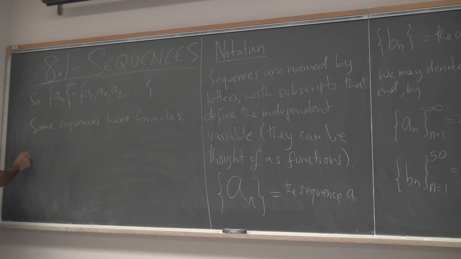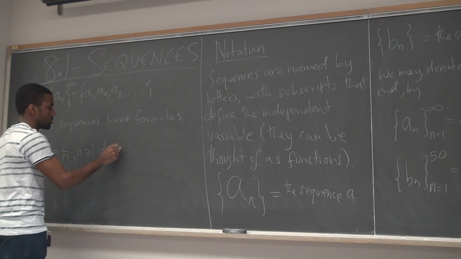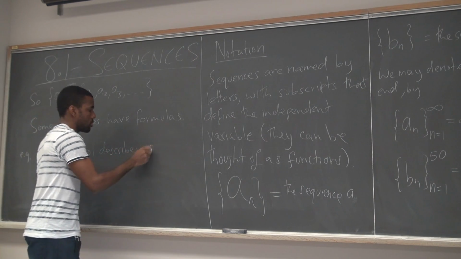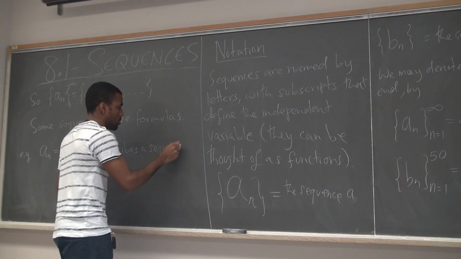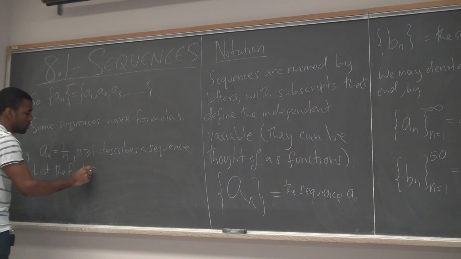So another example, I can say a_n equals 1 over n for n greater than or equal to 1 describes a sequence. I can say something like, list the first 5 terms.